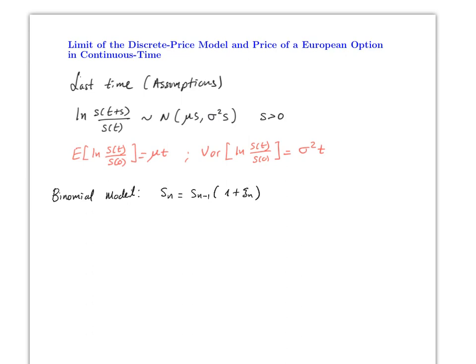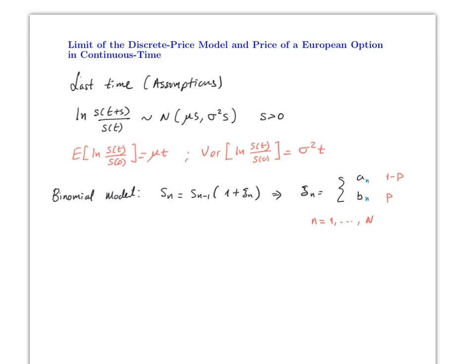Remember, this was the discrete case where C_n was equal to either a or b, where the probability of a was p and of b was 1 minus p, and n was 1 all the way to capital N. This was the discrete model that we've been using all along. Here this is actually a_n and b_n; remember that they could be different at every step.